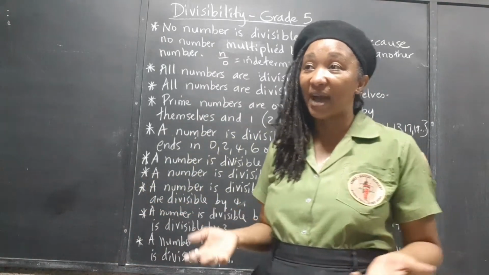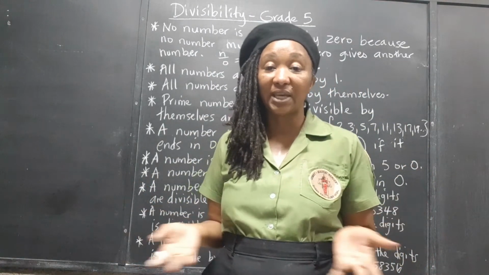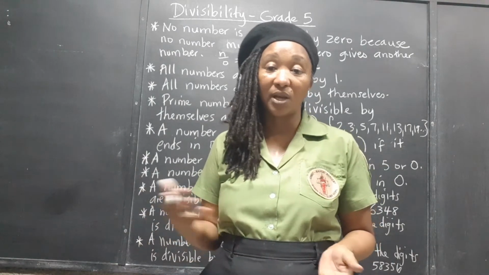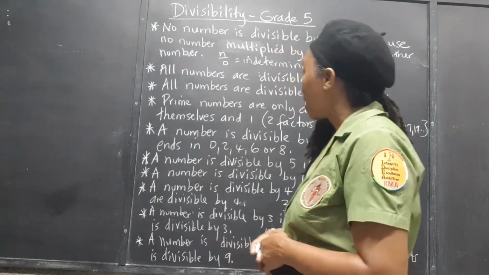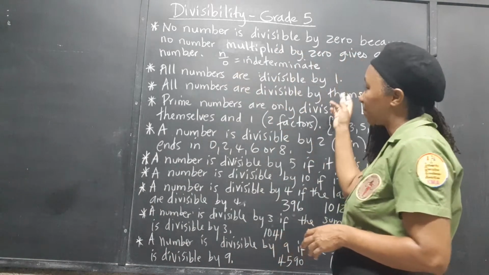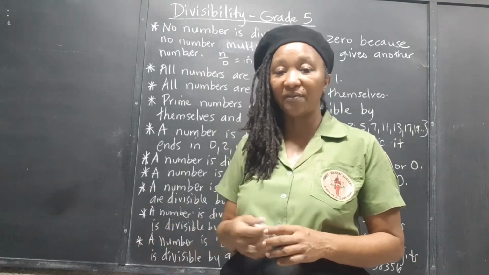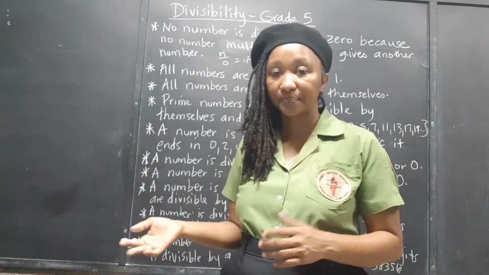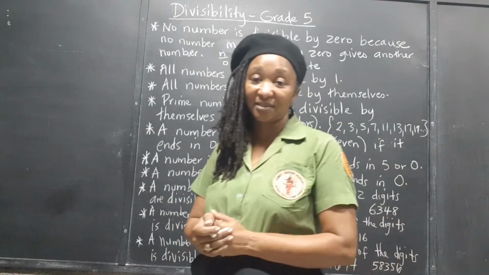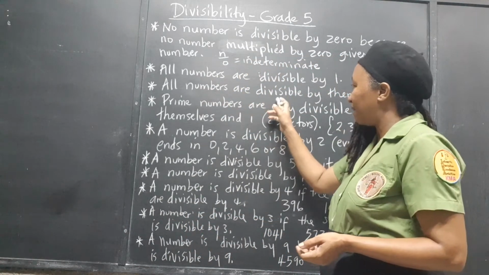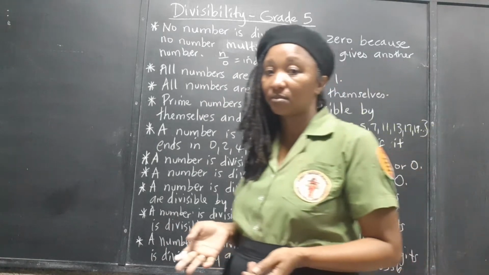So if we divide 5 into groups of 1, we're going to get 5 groups of 1. 100 divided by 1 is 100 groups of 1. So all numbers are divisible by 1, and we will get back that same number. If we divide it by 1, we get it back. Universal factor.